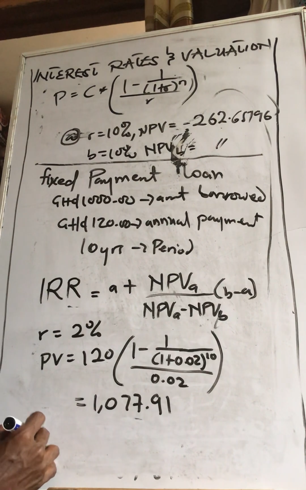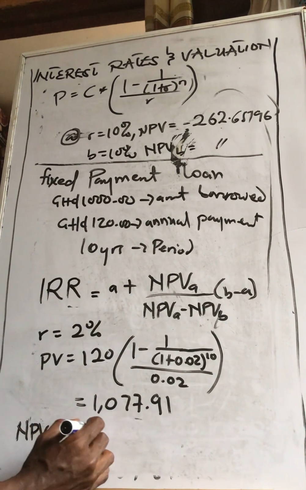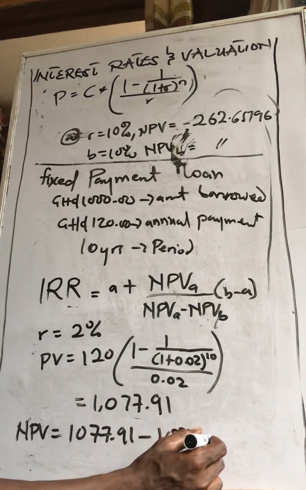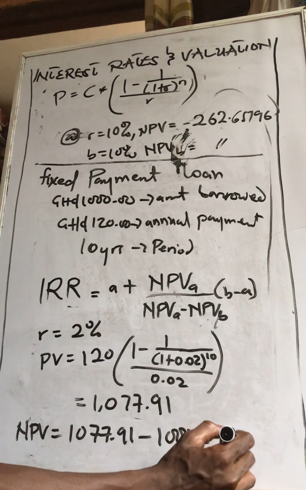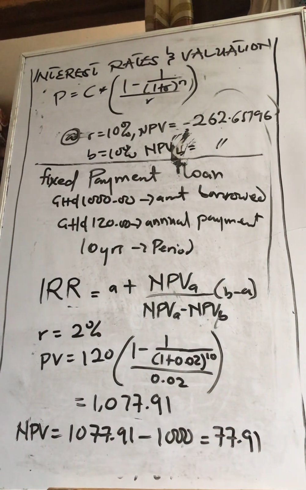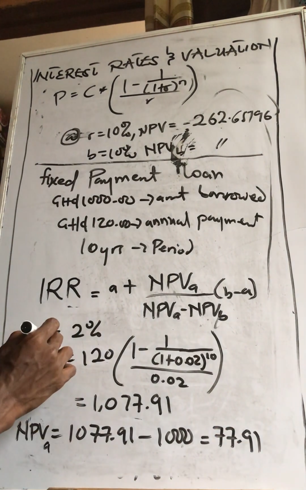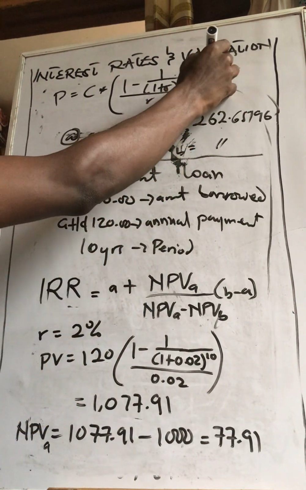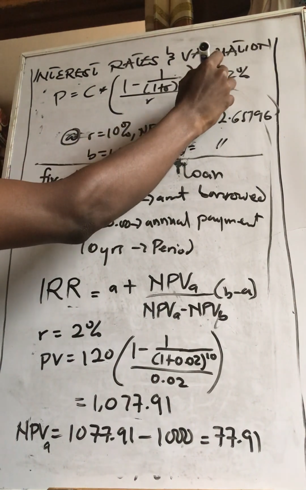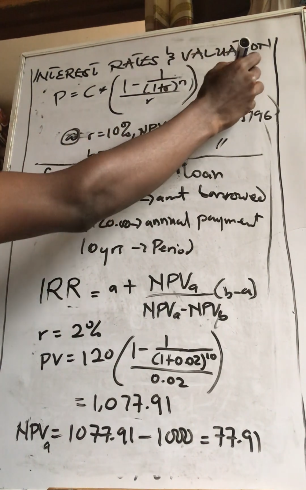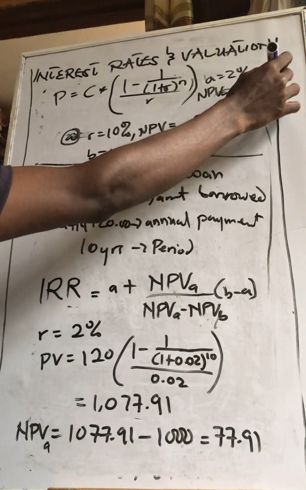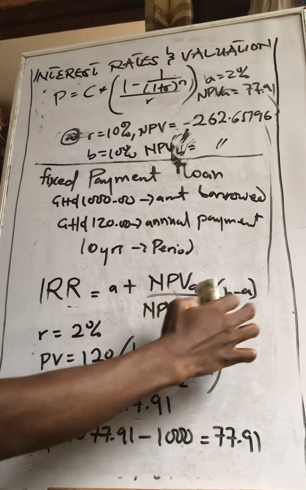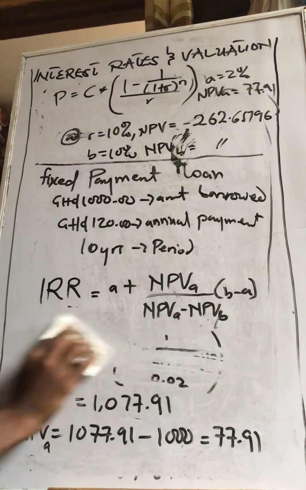To find the NPV, I deduct my 1,000 initial amount borrowed from this present value, and I get a positive value, which is 77.91. So this gives me NPV A, and this is going to be my A. So A is 2%, and NPV A is going to be 77.91.